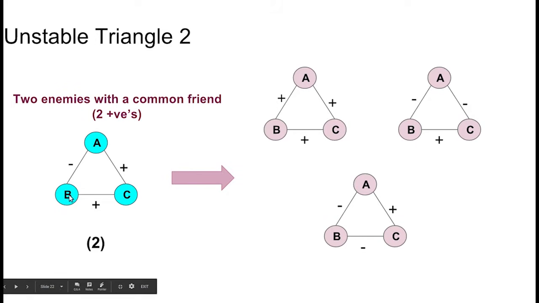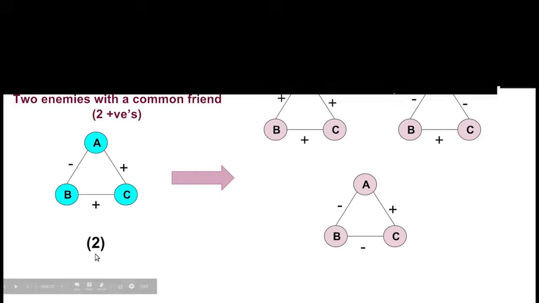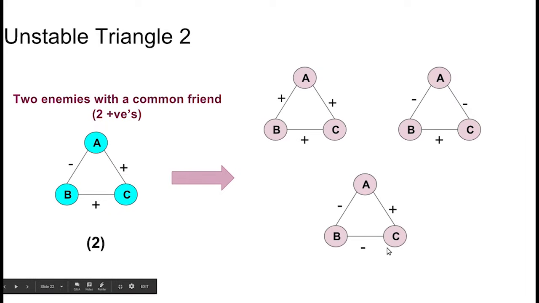In the first case, this negative sign between a to b has become positive and the rest of the signs remain the same. In the second case, this minus and plus remain the same, but this plus sign becomes negative. In the third case, this minus and this plus remain the same here, and this plus sign becomes negative.